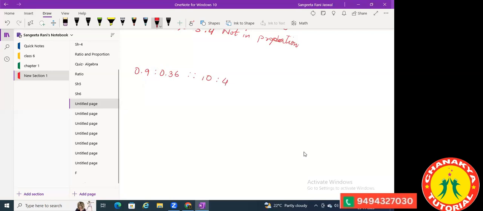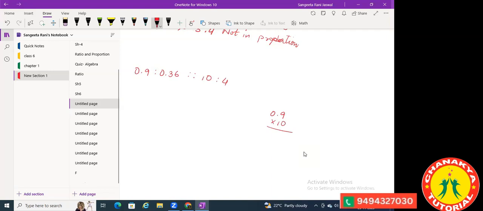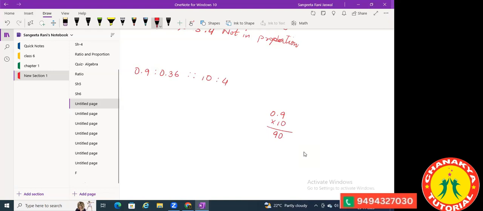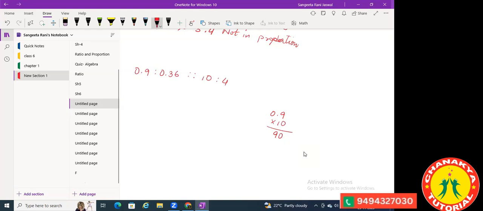Okay, see now, if this is 0.9 and I multiply this with 10, 9 into 10 gives me 90. Where is the decimal point here? After one place. So after one place, I will put my decimal point here. It will be 9.